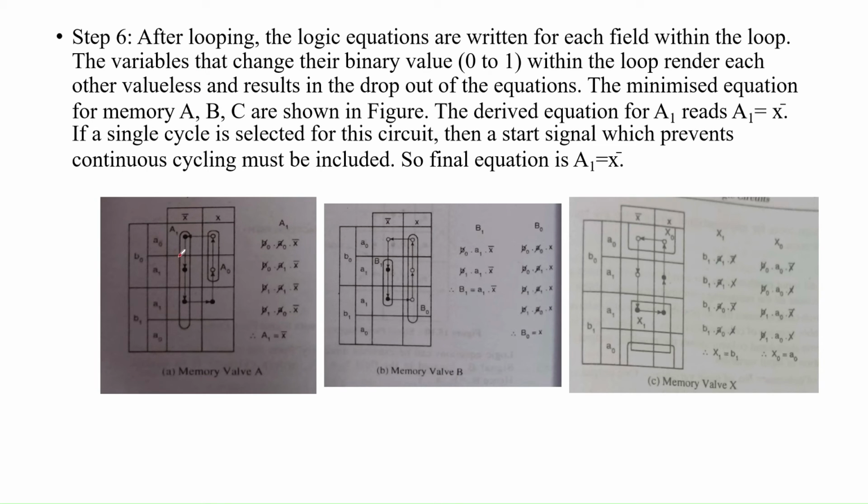Looking at this memory value, we have included these four fields. We know that we can only group the fields in a way that is a power of 2. So here, considering A1, we have these 4 fields in this format. We have also included an empty field. Similarly, we have this for A0 also. Why didn't we include this?